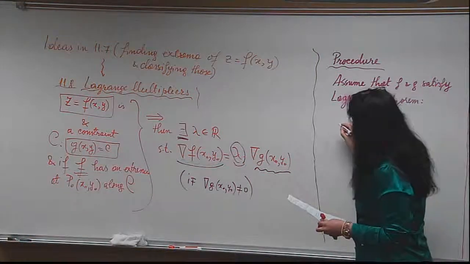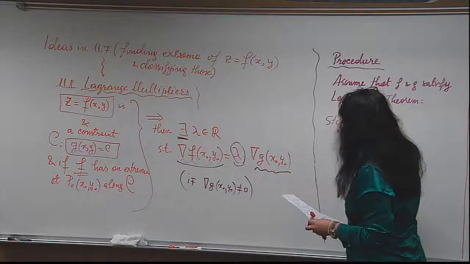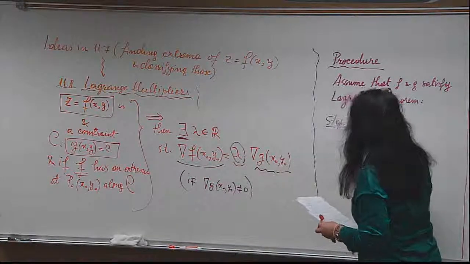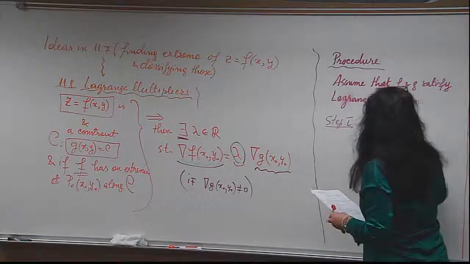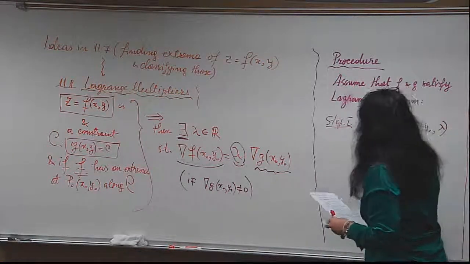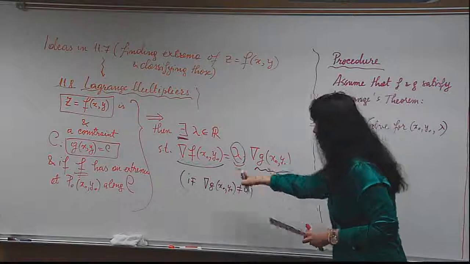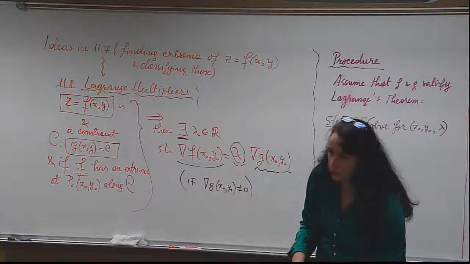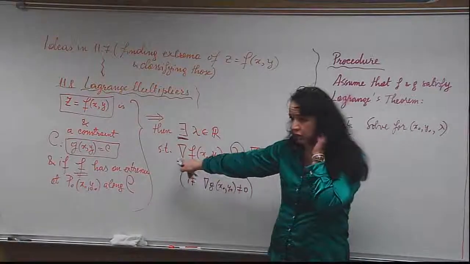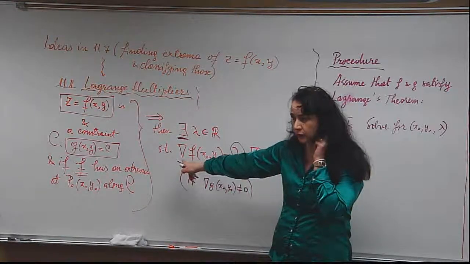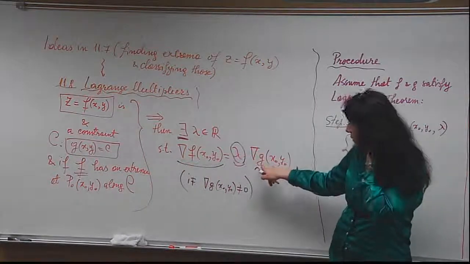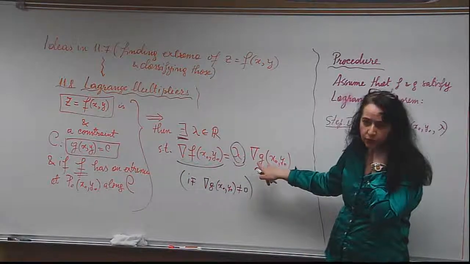In that case, what do you need to do? Step 1. You need to solve for x0, y0, and lambda the following system. What does it mean the two gradients are parallel to each other? This fellow over here is going to be the vector f sub x, f sub y. This fellow over here will be g sub x, g sub y.